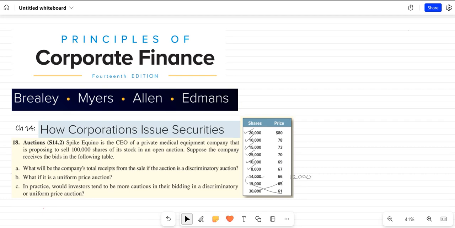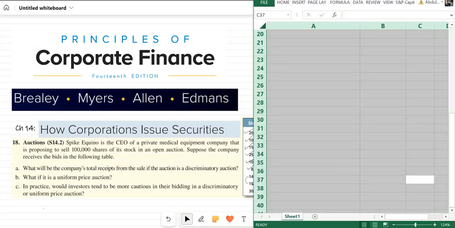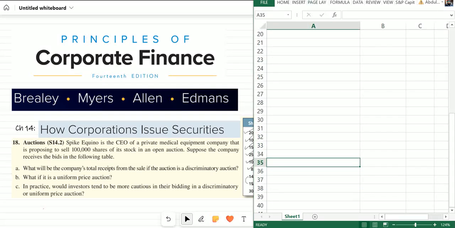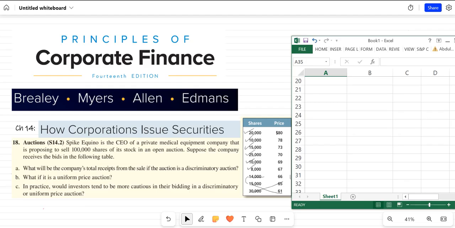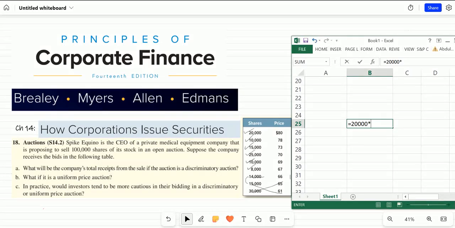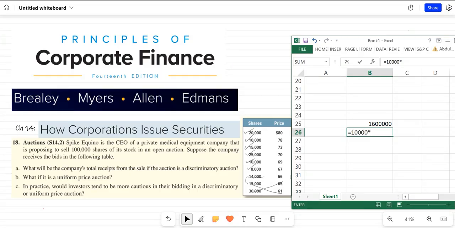So if we do the discriminatory auction, what we want to calculate is the total receipts. So we will keep multiplying until we reach the total amount. For the first 20,000 multiplied with 80, then for the second 10,000 multiplied with 78.